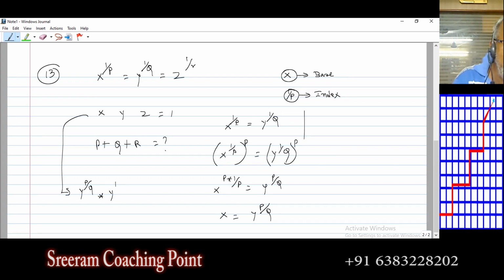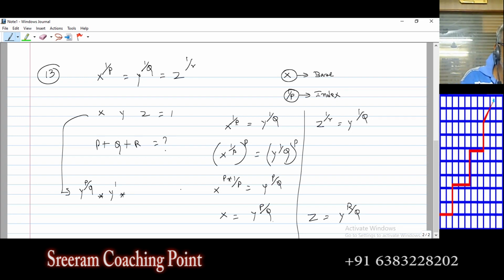Now let us take up the other equation, where z to the power 1 by r equals y to the power 1 by q. Like how we have just done, z equals y to the power r by q. Is that right? The same thing we have to do.